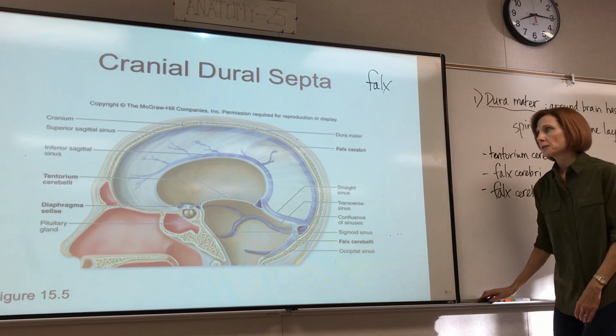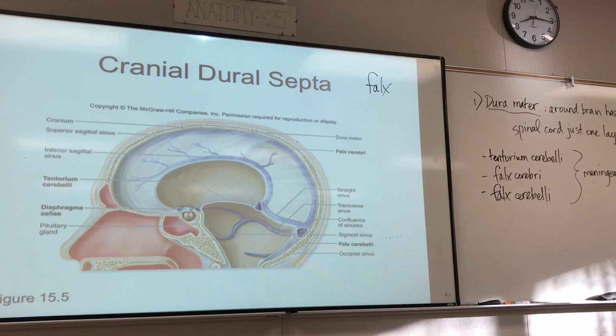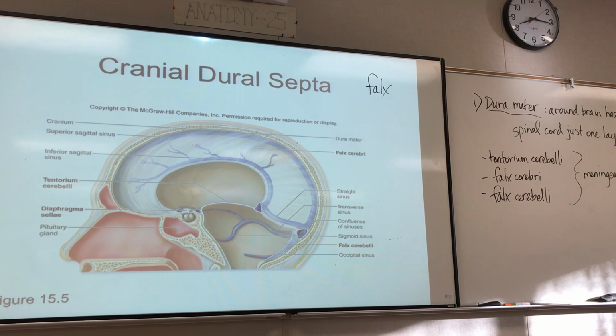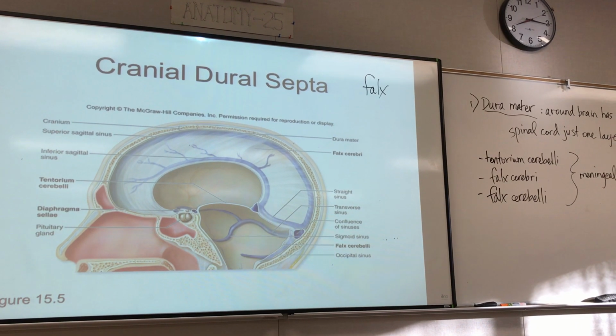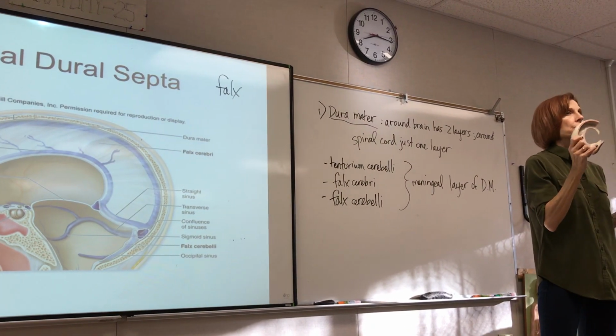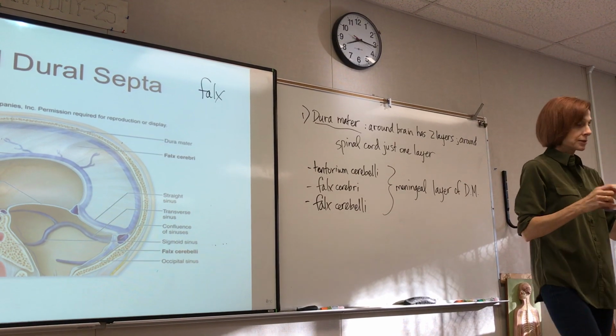Now notice there's one more thing you can see on this diagram and also on this model. Notice all these weird blue stripes. In diagrams and models, they always show deoxygenated blood in blue. It's not blue in the body, it's like a dark red, but they always show it in blue so you can tell the difference between the oxygenated and deoxygenated.